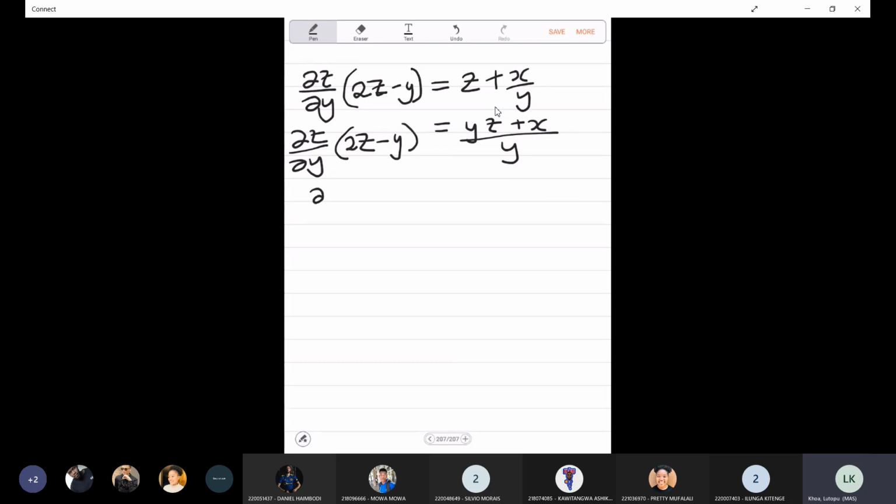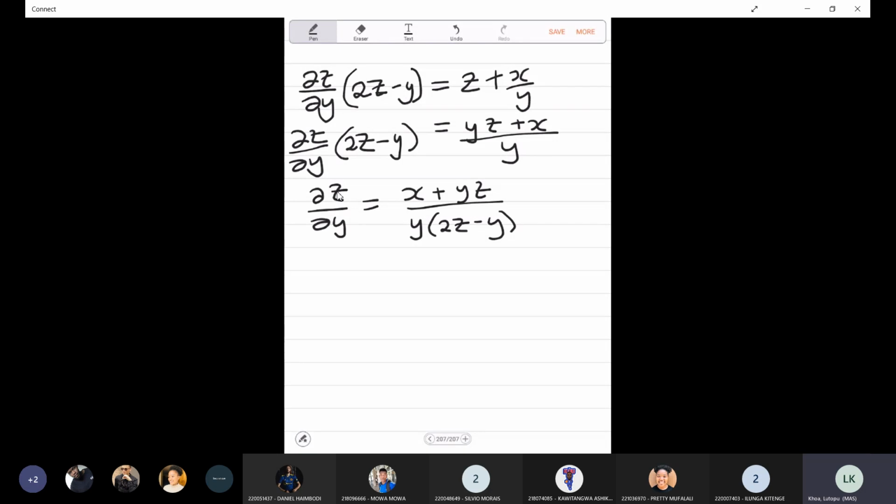And this means that dz/dy is equal to (x plus yz) over y, times (2z minus y). Okay, so that is the partial derivative of z with respect to y.